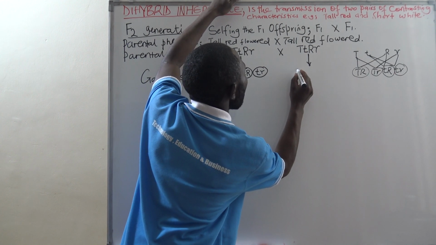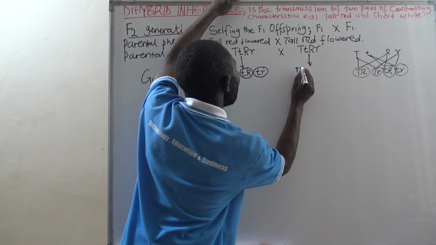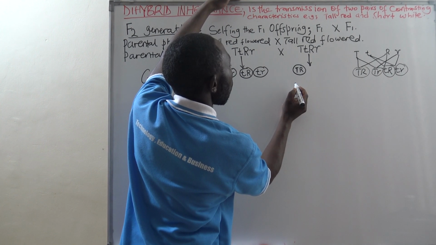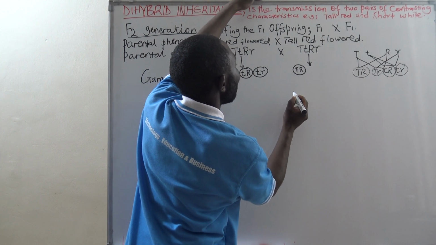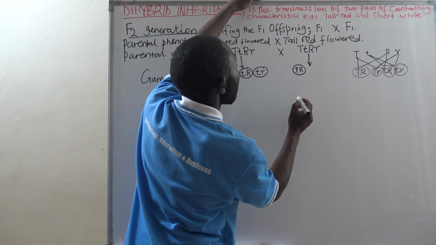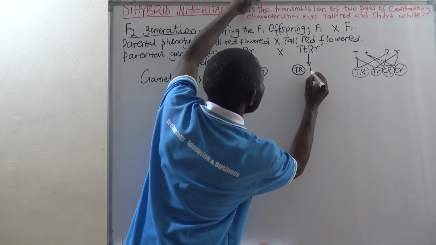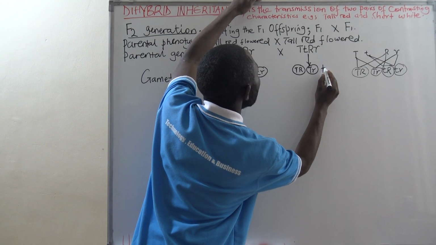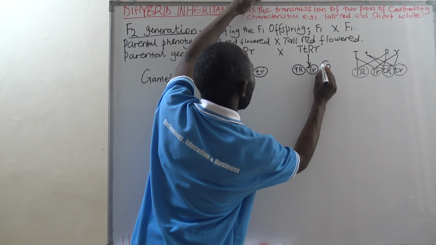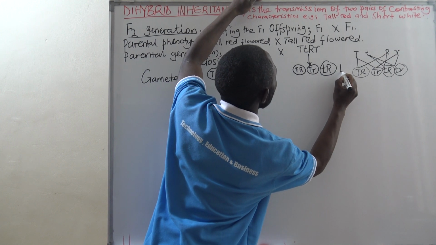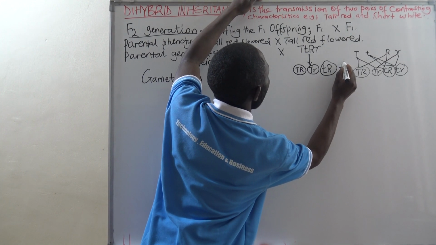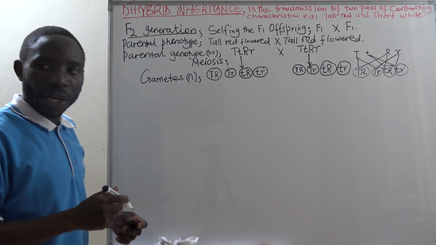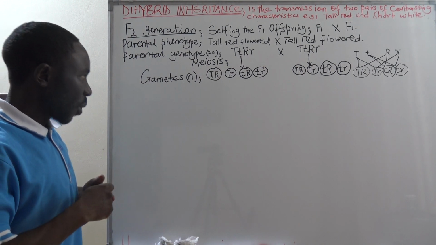So we shall have capital T capital R, a capital T small r, small t capital R, and small t small r. Those are the possible allele combinations.